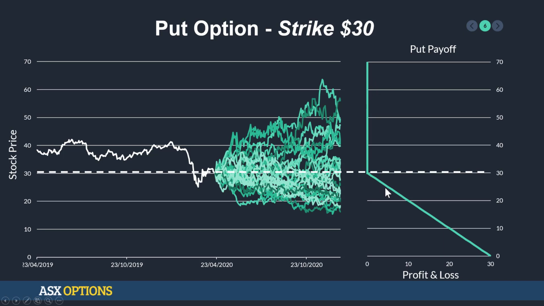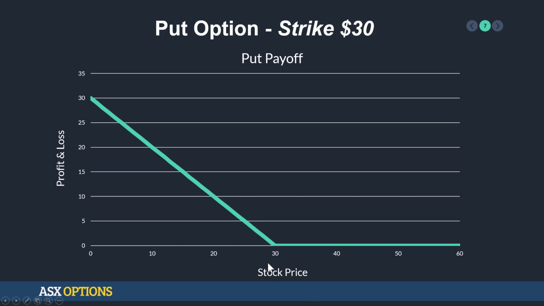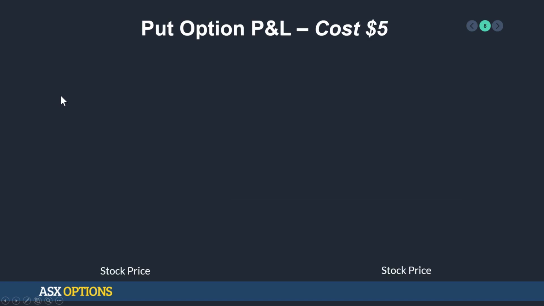Whereas if it falls below, you can see the lower below 30 the stock price falls, then the larger profit you'll then have. So again, here's what it traditionally looks like with the stock price on the x-axis and the profit on the y. And here's our $30 mark. If the stock price lands anywhere above that, it's $0 payoff, and below that, linear.